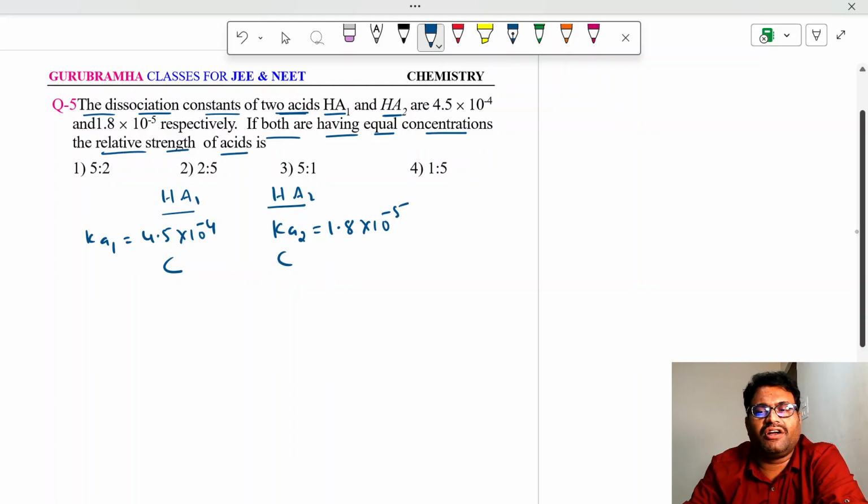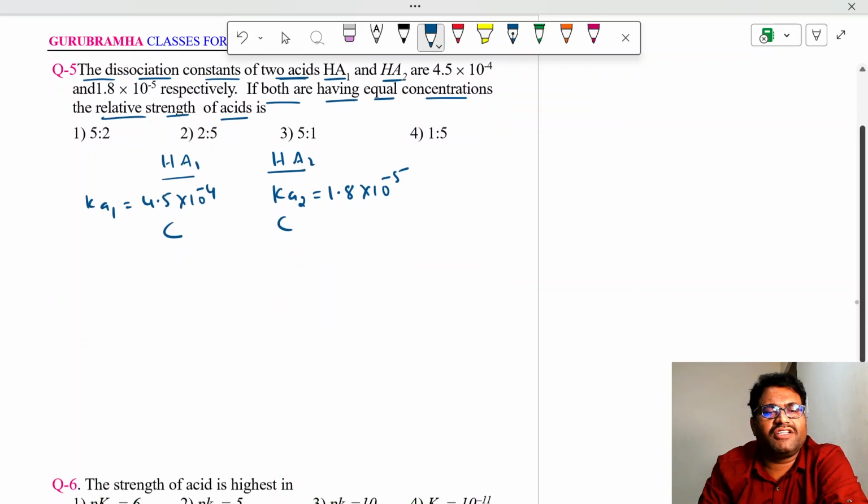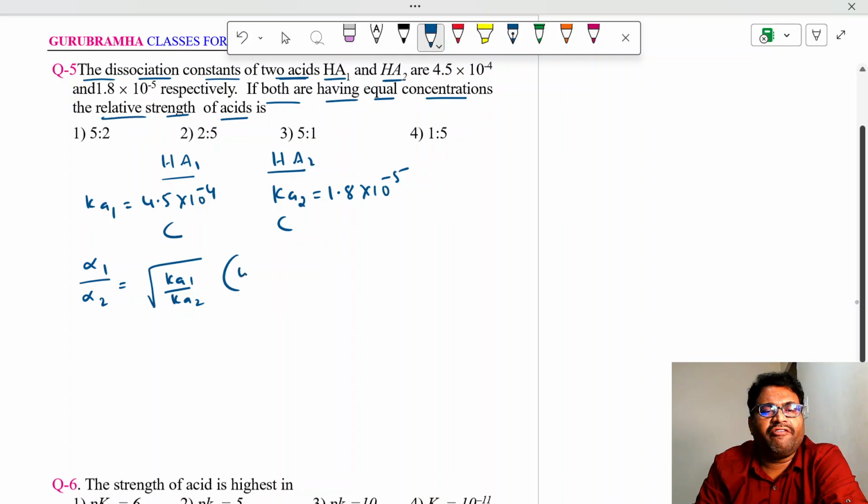Before, we have derived a formula. What is that? Alpha1 by alpha2 is equal to root of Ka1 by Ka2. When is this formula used? When C is the same for both acids.